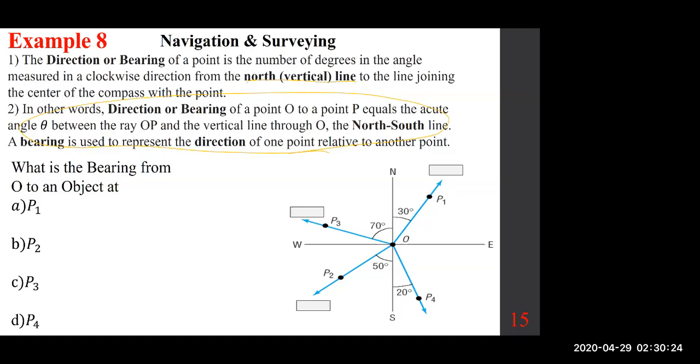Okay? Now, just as an example, so everybody understands what we are trying to do here. When we look at P1, everybody, is it closer to north or south? North.